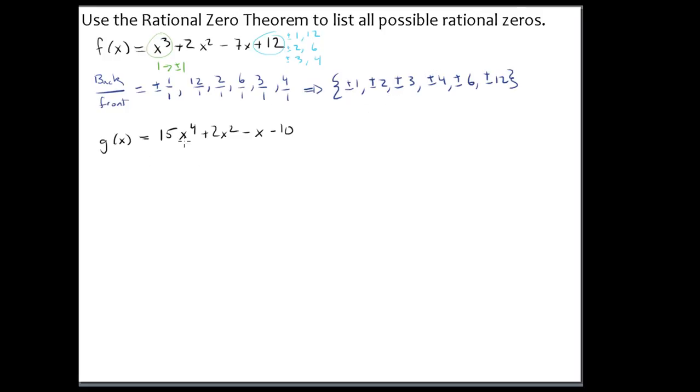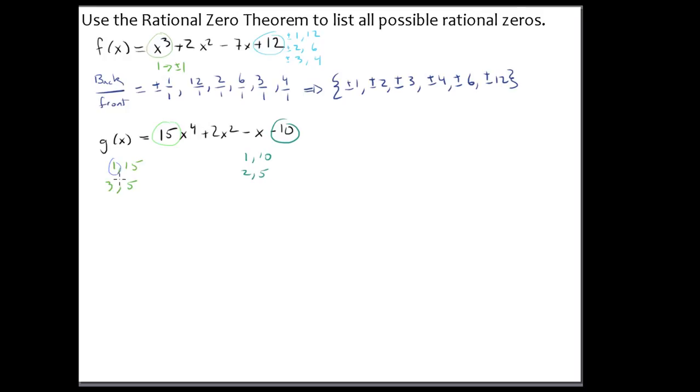In our next example here, G, you can see it's a little bit more difficult because of 15. 15 has as factors 1 and 15, and then 3 and 5. And in the rear here, we have negative 10, which has as factors 1 and 10, 2 and 5. So let's go ahead and start listing results.